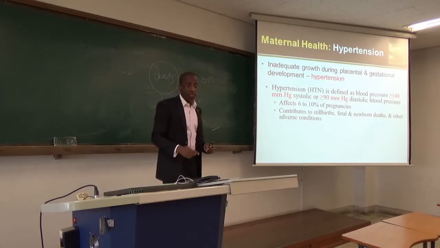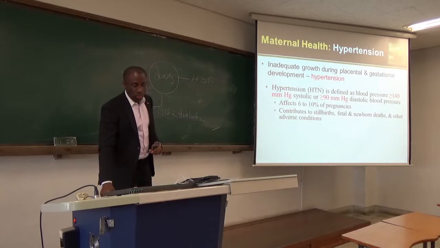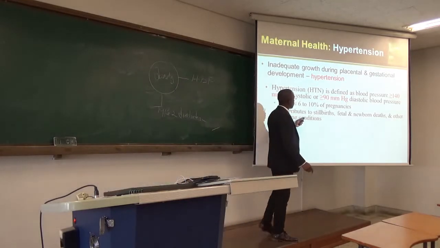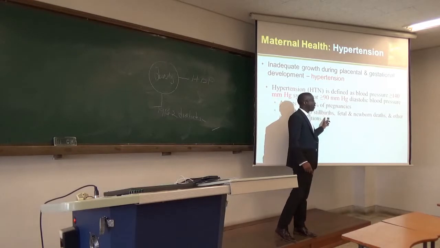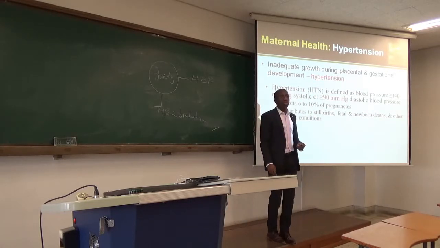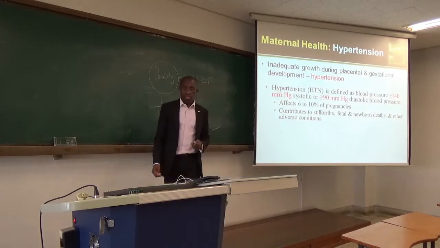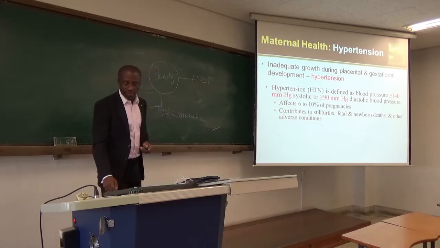We should thank God. That's not easy. And it contributes to what? Stillbirth. Some of the babies are born and they just die a short time after. And fetal and newborn death, we talk about this neonatal death, where the baby doesn't actually survive.